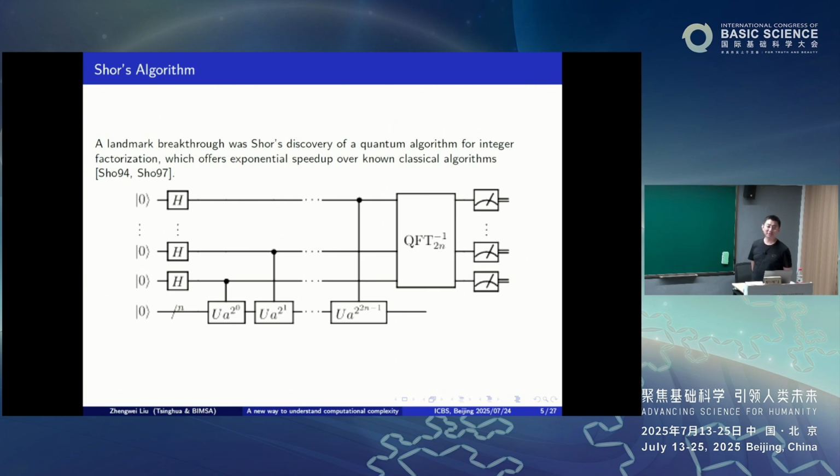And that means if we really have such a quantum computer, we lose the security protected by RSA. So this is a big challenge. And after that, many people have tried to build new cryptography schemes using other mathematical structures. But still, this is the most popular one.